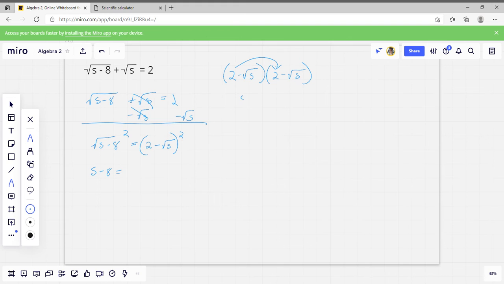2 times 2 is 4. That would be negative 2 times square root of s. And another negative 2 times square root of s. And then s times s would be plus s.